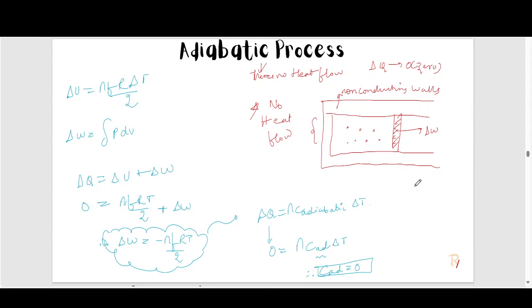In the previous isothermal process, Ct tends to infinity. Here, C adiabatic gives 0. Okay. These are the non-conducting walls. There is no heat flow.